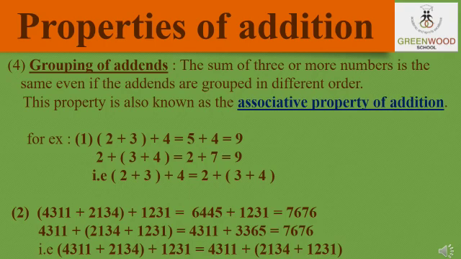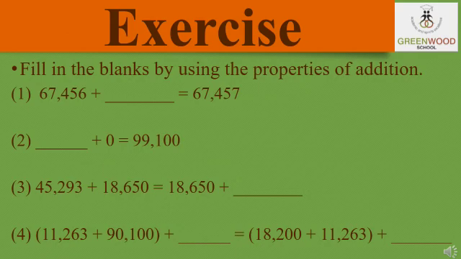So 2 plus 7, again we get the answer 9. This is known as associative property or the grouping of addends. In the second example, I have taken some bigger numbers. You can also try it by yourself. Next exercise. Fill in the blanks by using the properties of addition.